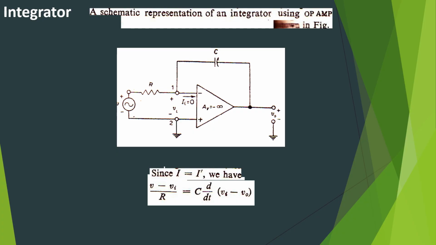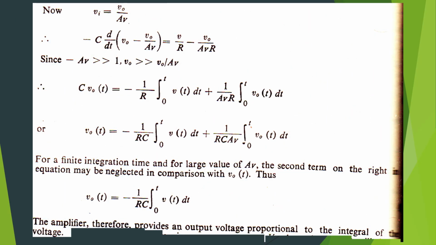Since I equal to I dash, we have (V minus Vi) divided by R equal to C d by dt of (Vi minus V0). Now Vi equal to V0 by AV, substitute this.